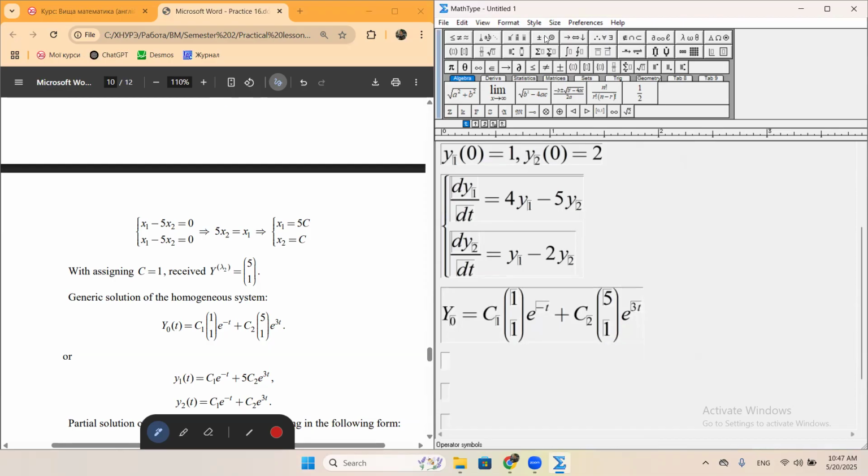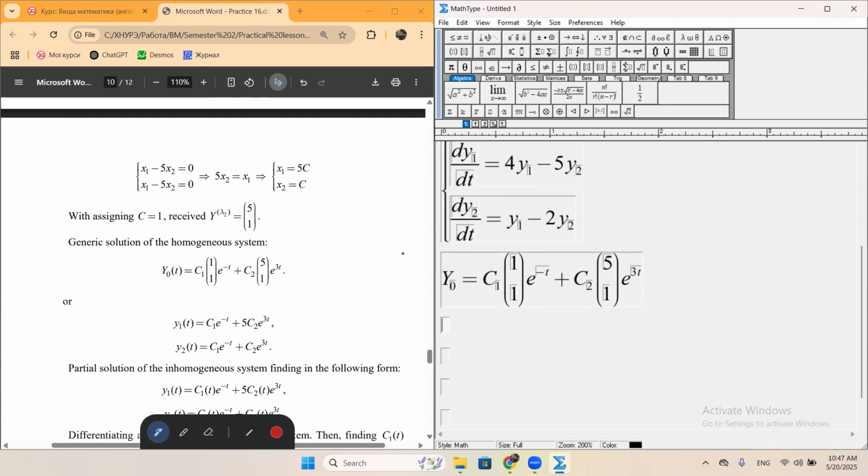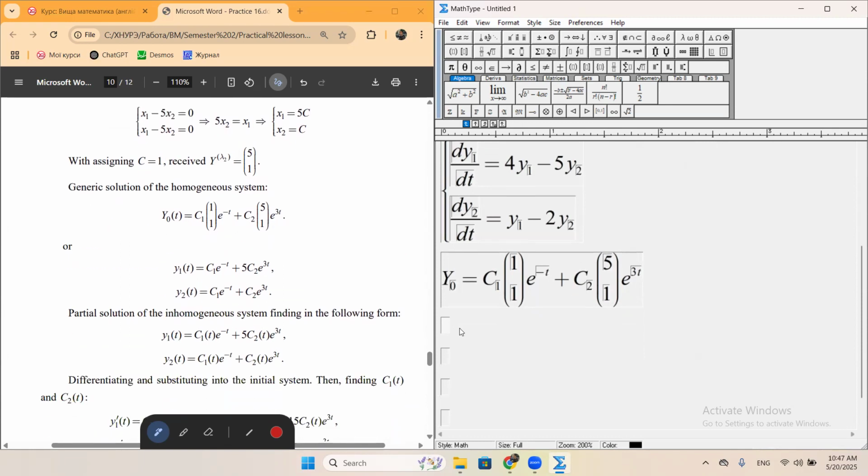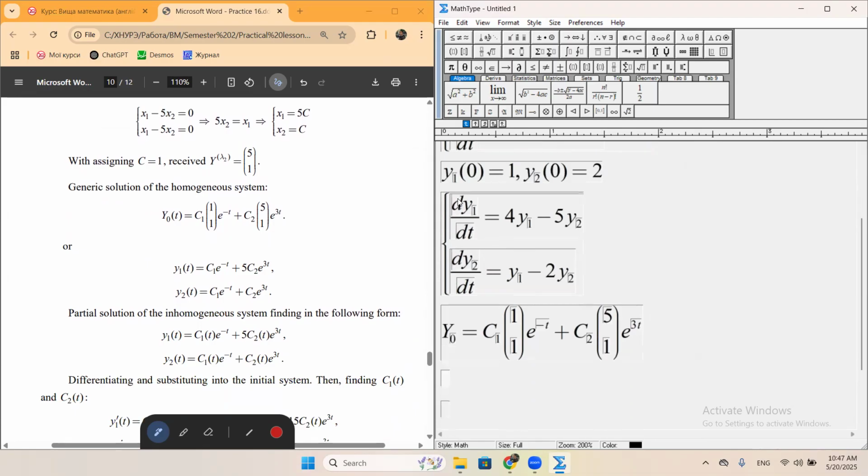So found the generic solution of the homogeneous equation system.